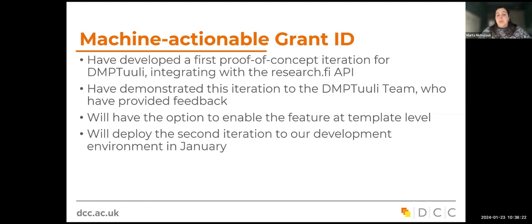In order to do that, Don created a proof of concept initially, which we have presented to our DMP Tuuli team, which is the kind of sister of the DMPonline tool in Finland. The proof of concept was to allow a researcher to enter the grant ID and then go and find additional information available for that particular project.